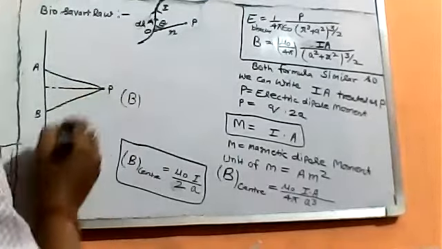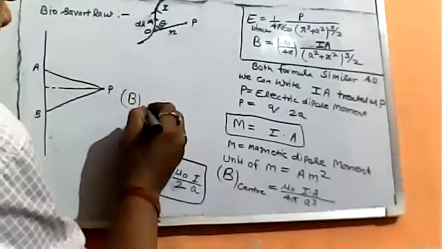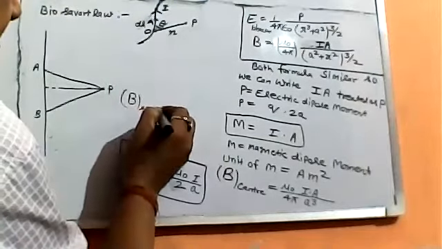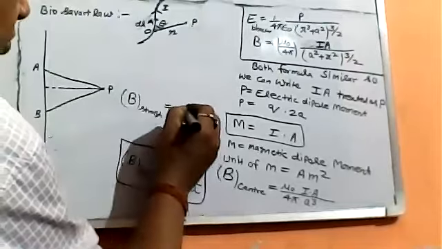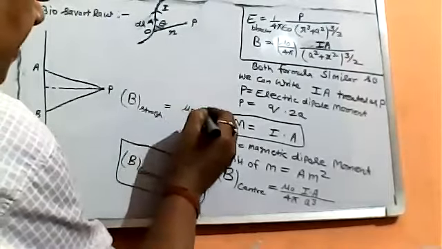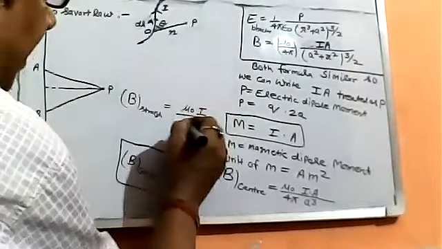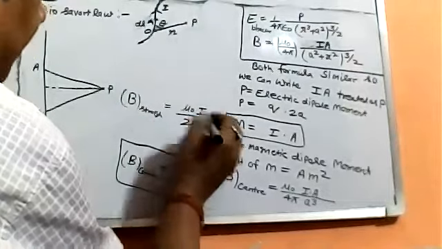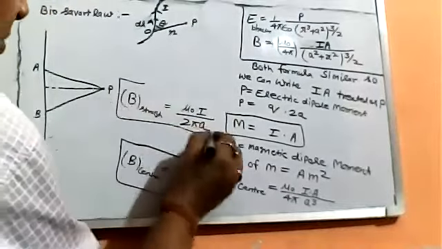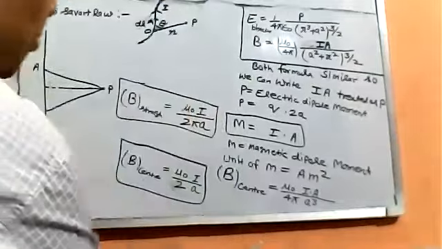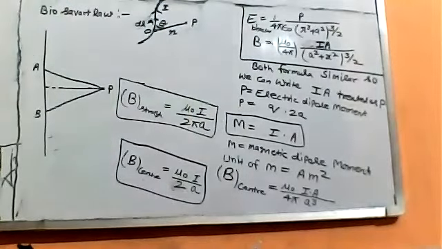This method is used for deriving the formula, but for a straight conductor you will write B equal to mu naught I divided by 2 pi A. It means a similar formula, only pi is introduced. This is clear.